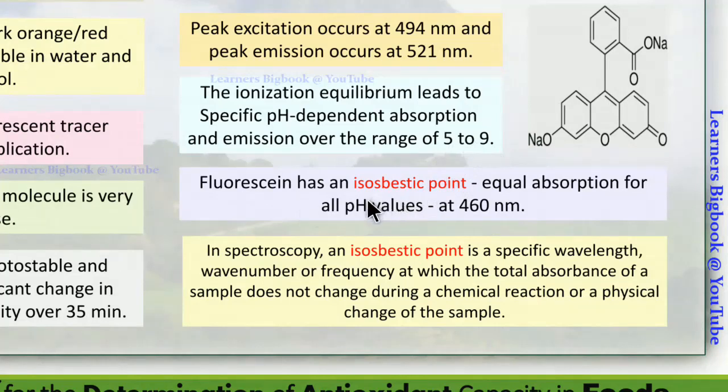So at any pH, when you are going to consider the 460 nanometer measurement of the sample for the experiment, it is going to be the isobaric point, where it uses the specific wavelength or frequency at which the total absorbance of the sample is not going to change during a chemical reaction or a physical change of the sample.